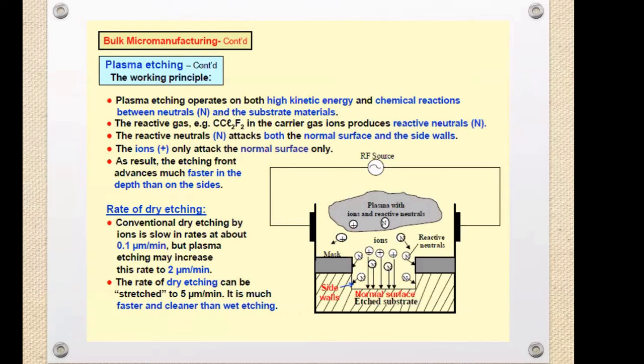So the reactive neutrals bombard the target on both the side walls as well as the normal surface, whereas the charged ions bombard only the normal surface of the substrate.